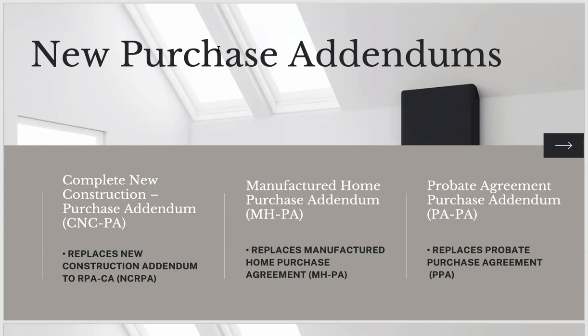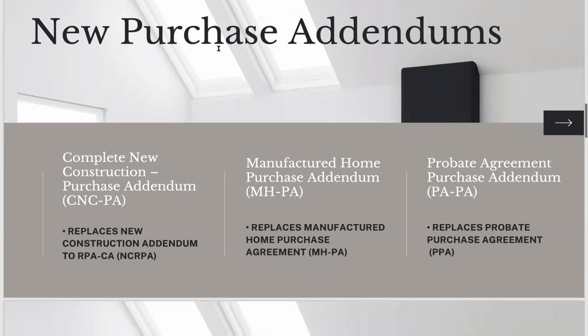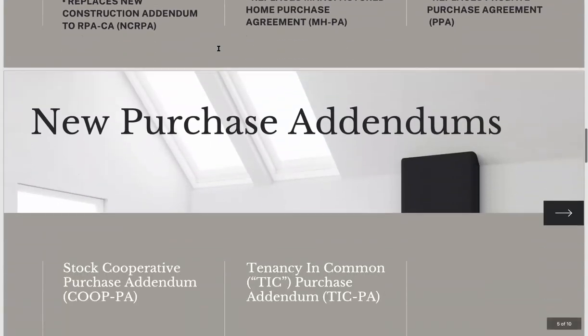Before, you would see in the MLS where the agent would say, make sure you're using the probate purchase agreement, because a lot of agents don't pay attention to that and just send a regular RPA. Well, now you can send the RPA, but you need to attach the appropriate addendum to make sure you're marking all the boxes that are applicable.